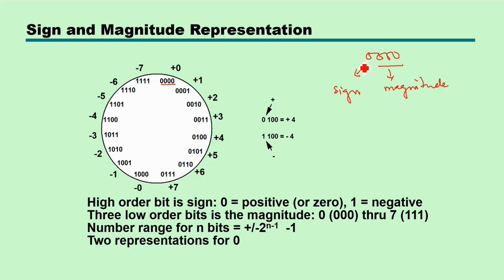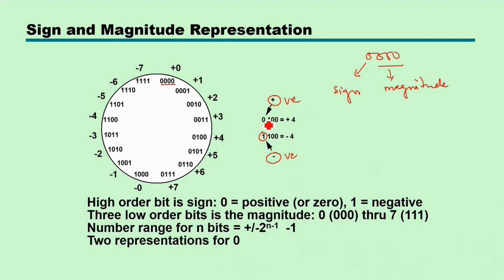Sign means either it is a positive or negative number. If the sign bit is 0, it will be considered a positive number. If the MSB is 1, then it will be considered a negative number.